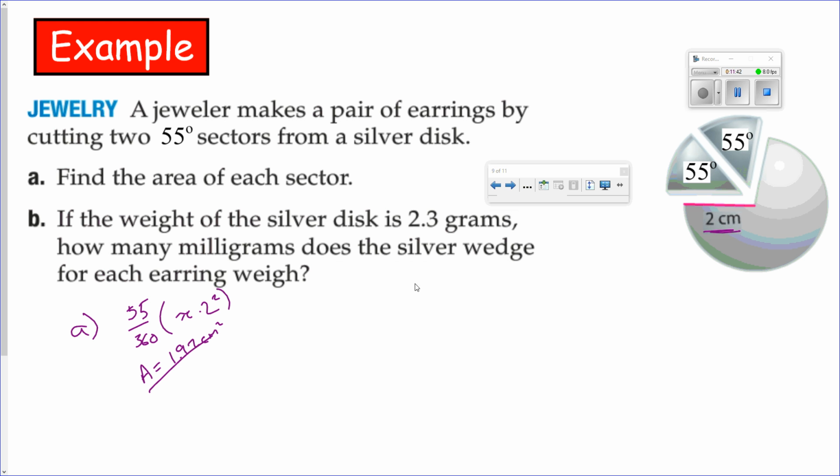Okay, part B. If the weight of the silver disc is 2.3, how many milligrams does the silver wedge for each earring weigh? Well, remember, it's 55 360ths of a circle times 2.3.